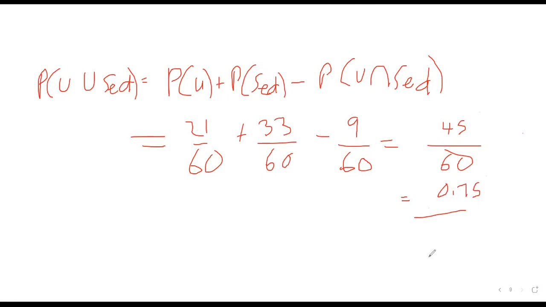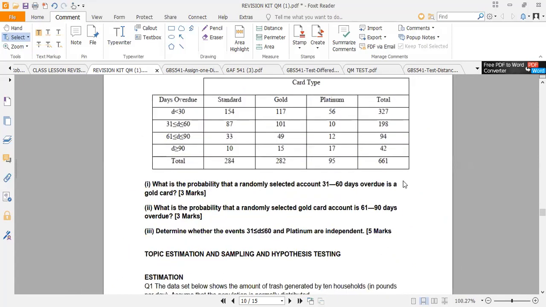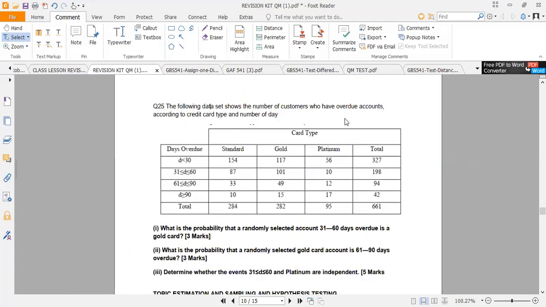So I'm done with the contingency table. Your homework on this table will be question number 25 of my revision kit. It's the same principle. These are questions that he's been repeating over and over, just to guide you. Standard, platinum, and the differences in there. What's the probability that a randomly selected account will be 31 to 60 days overdue?